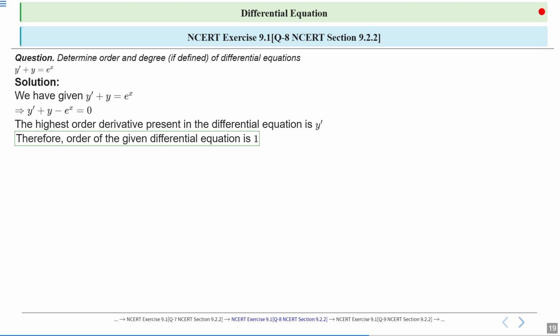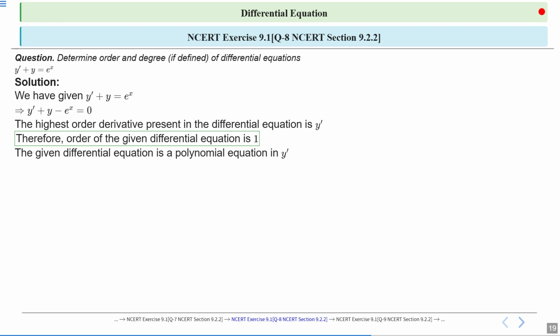Now we have to find the degree of the given differential equation. Is it polynomial with respect to the derivative? The given differential equation is a polynomial equation in y', as there is a term with the exponential, but that is e to the power x. That is not an exponential in y'.